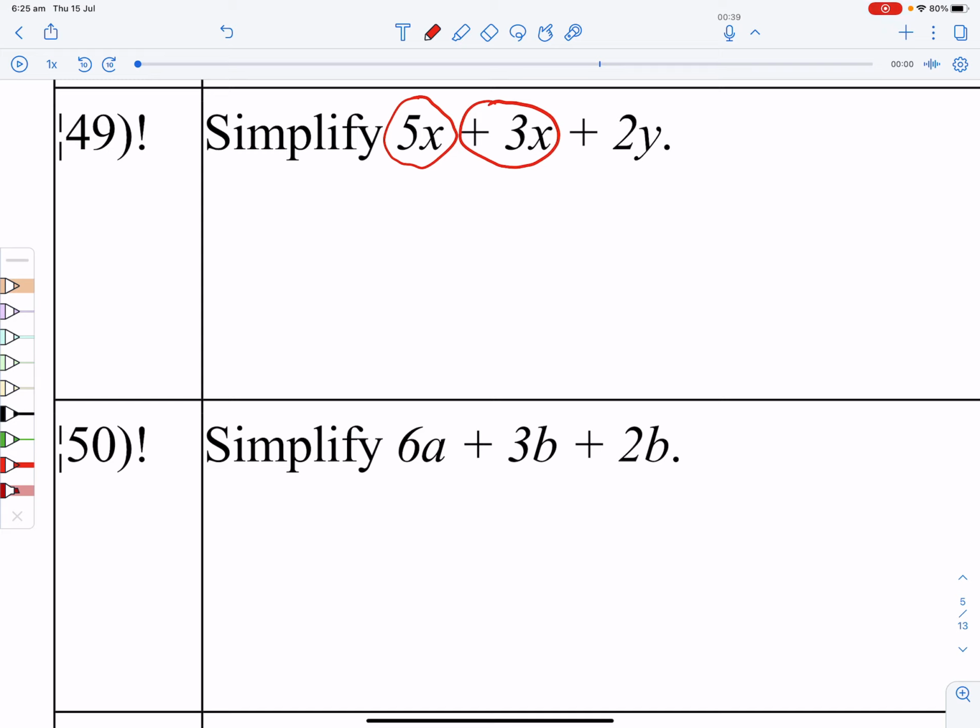And remember, we can take the 5x and the plus 3x and bring them together. We can simplify them. What's 5x plus 3x? 8x. And the 2y, you can't collect it because it's not the same. So you just put it back where it was. So if you think about this question, what have you really achieved? What you've done is you've taken the x's and brought them together to make them 1.